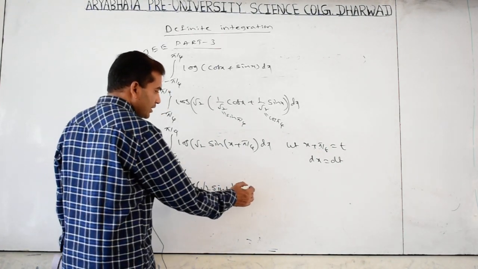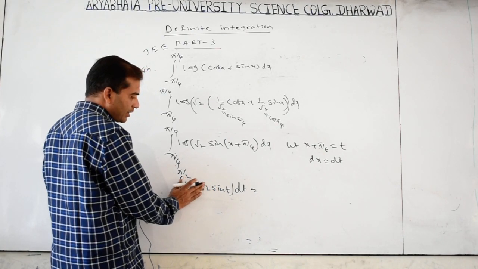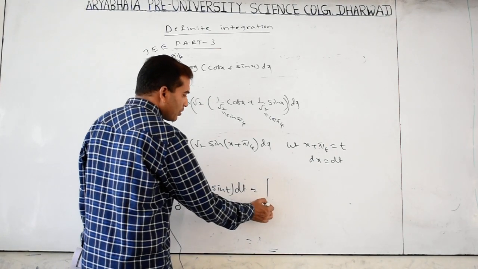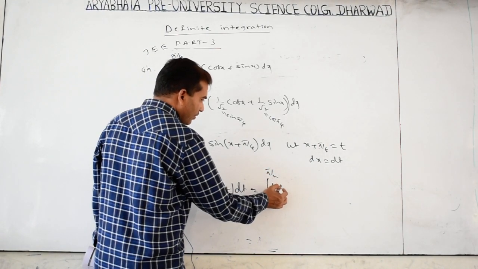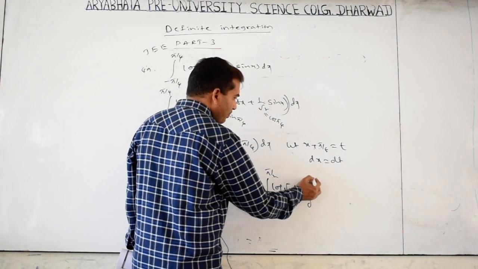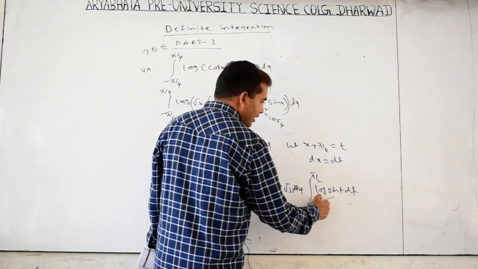Okay, this is log of m into n, so log of m into n equals log of m plus log of n. So 0 to pi by 2 log of root 2 dt, plus 0 to pi by 2 log of sin t dt. This is the standard formula.